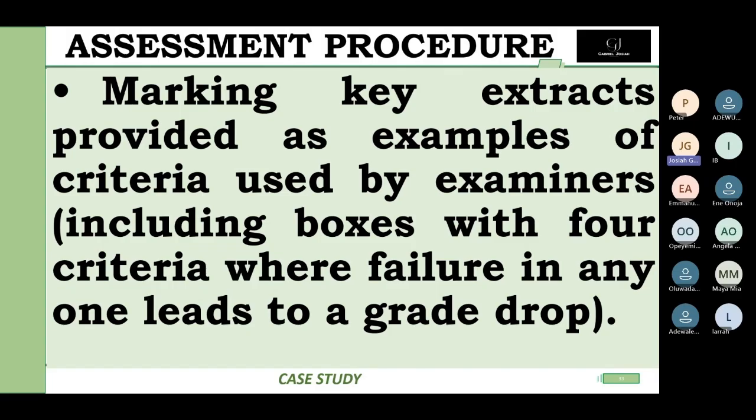All right, so the marking key extracts provided as an example of criteria used by examiners include boxes with 4 criteria. And where you fail to fill up these boxes or follow these criteria, it leads to a grade drop. You significantly reduce your chance of passing the case study paper.